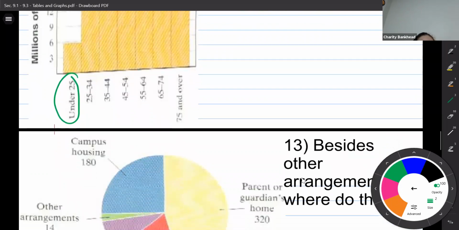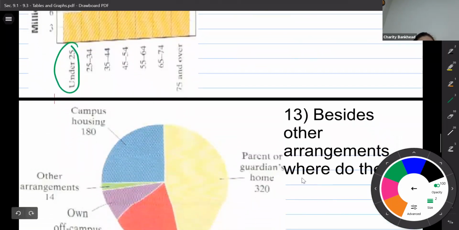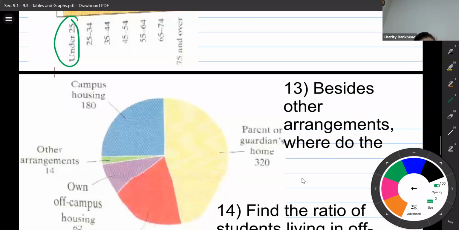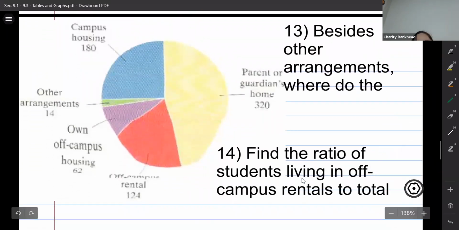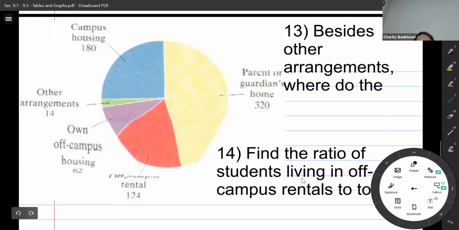All right, next we have some pie charts, which are also sometimes called circle charts. I'm missing some text here.